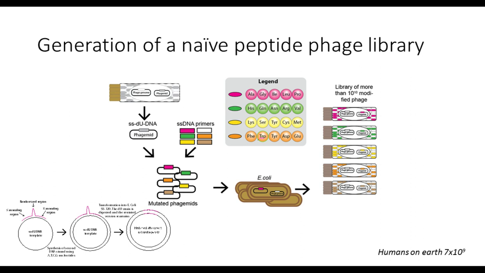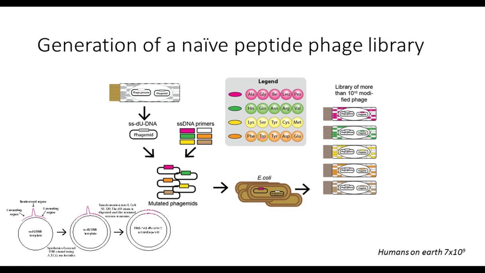So you have a single-stranded template, you anneal the primer, then you transform everything into bacteria, get the second strand, which has not been modified, digested, and you end up with a phagemid where the new, changed DNA is incorporated. If you transform all of that into E. coli, it will produce the bacterial virus, where now the surface of the virus displays your peptide.